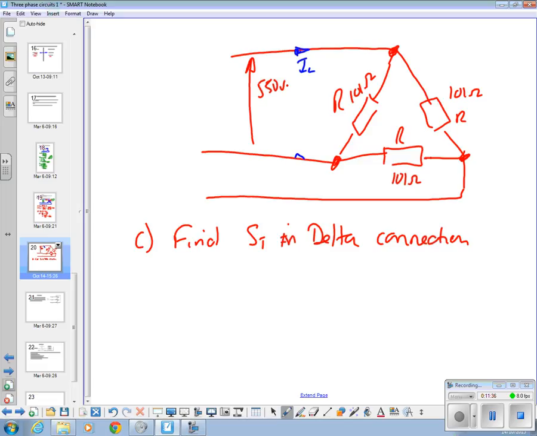IL, I phase, and I phase. What trap mustn't we fall into here? Well, we're using the right formula.